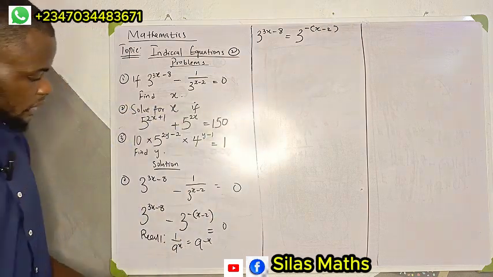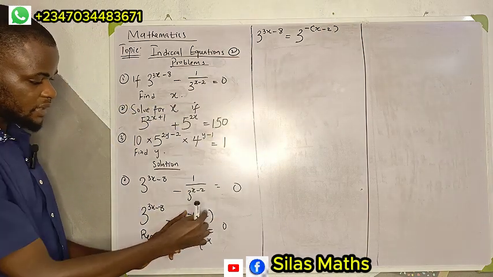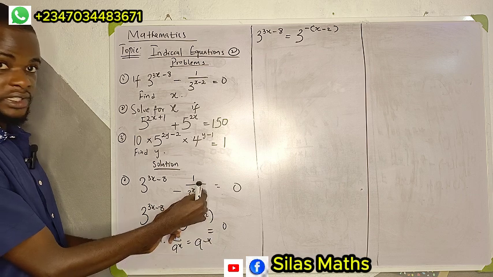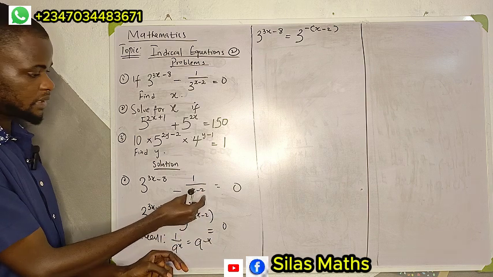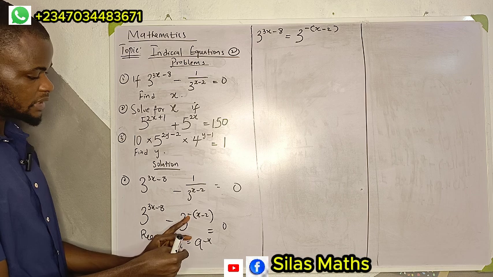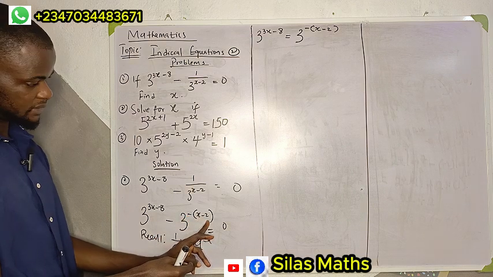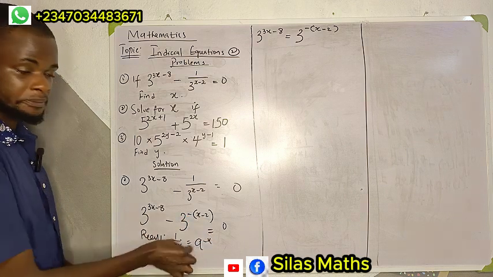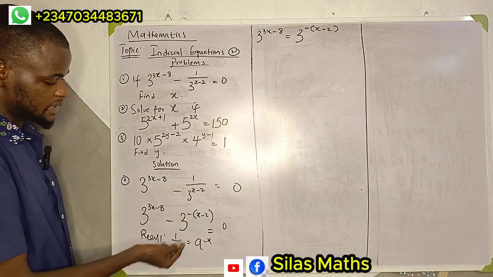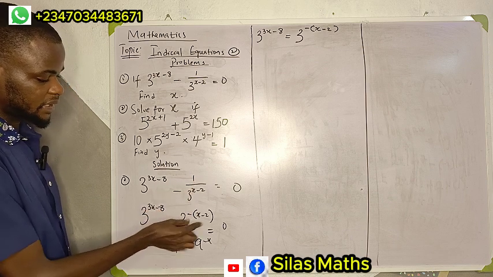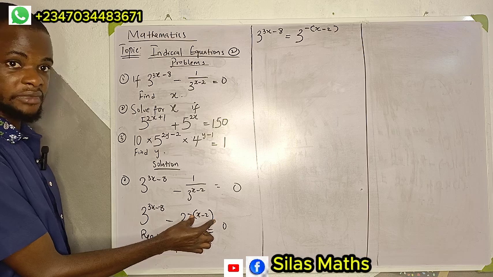Now you see what I did here? I put all the power in brackets because it's an algebraic term. So this minus is going to affect everything in the bracket, so you don't make the mistake of forgetting to put every expression here in bracket.